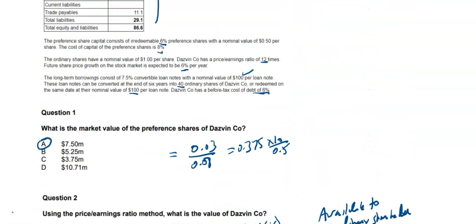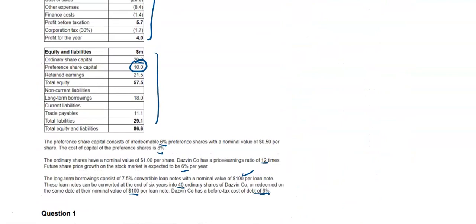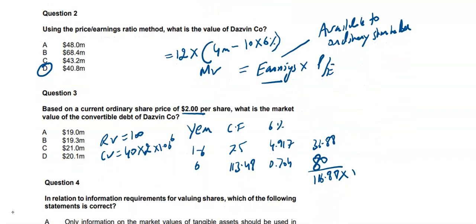The book value of the convertible bond is 18 million, so 18 divided by 100 times 116.88 is 21.03. The nearest is C. So C is the answer.